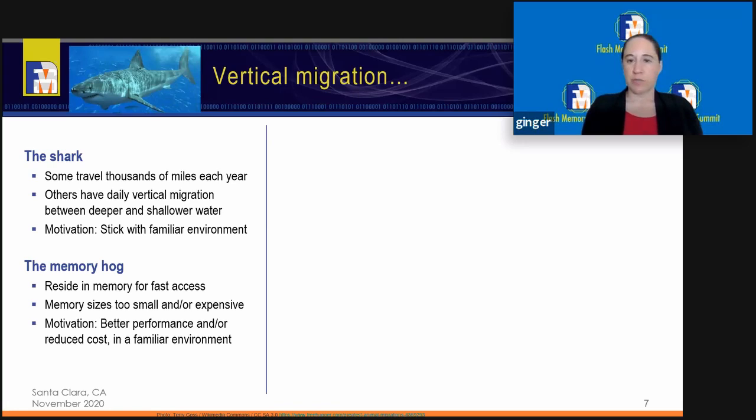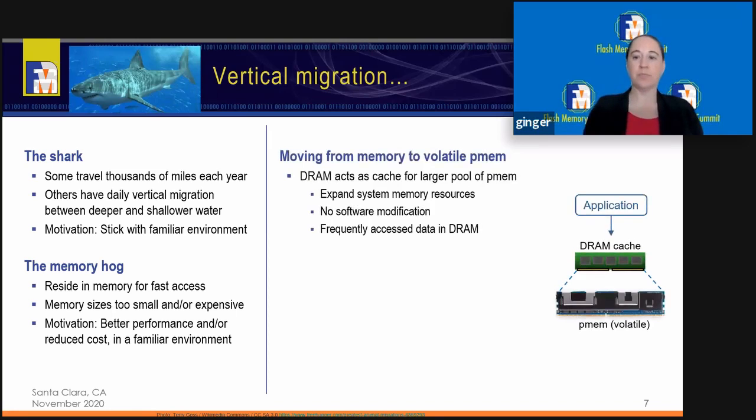So the motivation for this data structure to move would be to get better performance and or reduce cost, but still retain that familiar environment. You're not making a huge leap. You're still able to program the same way you've been doing, but just getting an extra larger capacity.